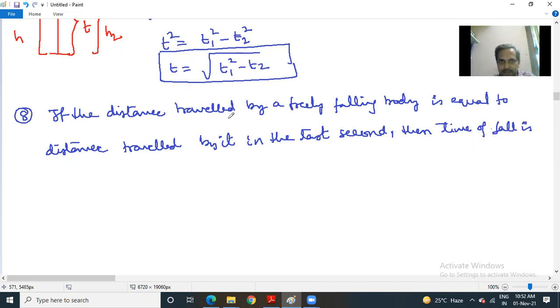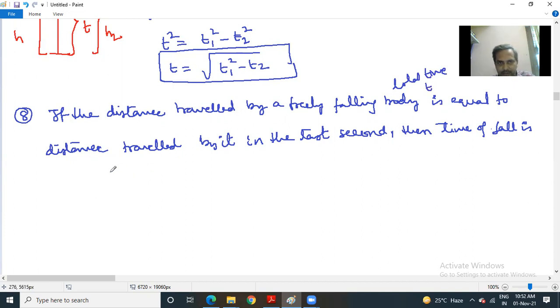So they mentioned the distance traveled by a freely falling body in a total time t is equal to the distance traveled in the last second.